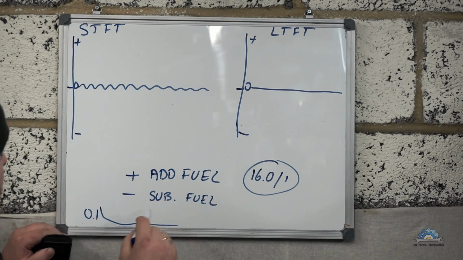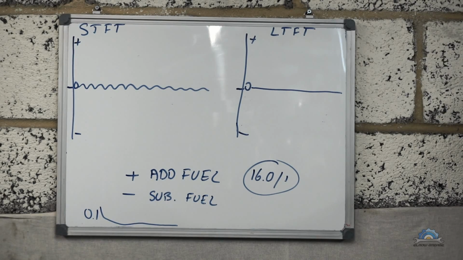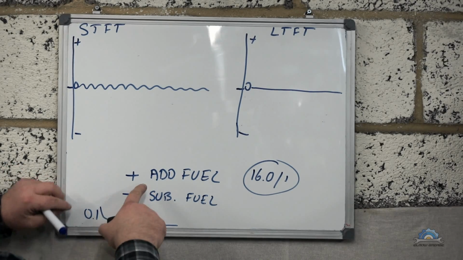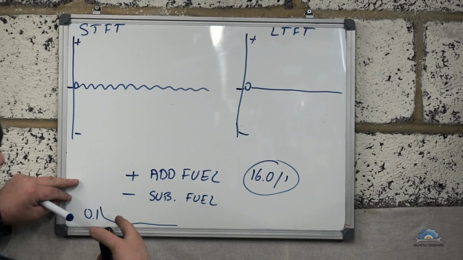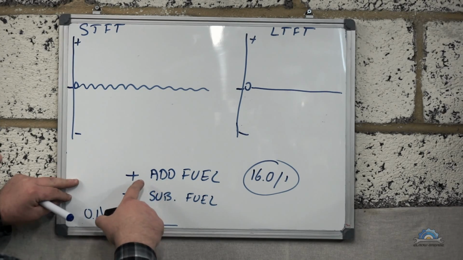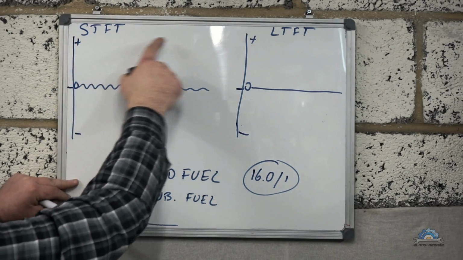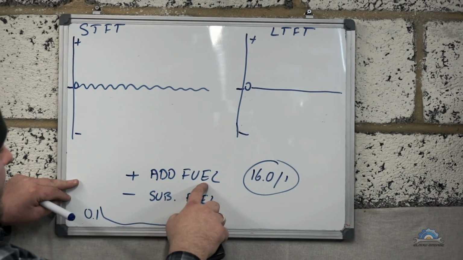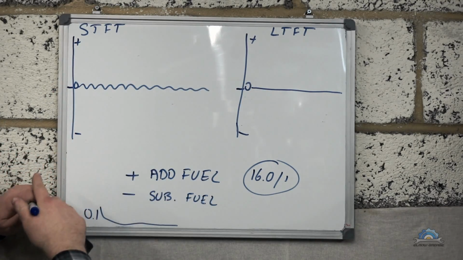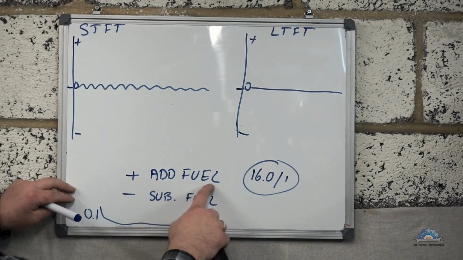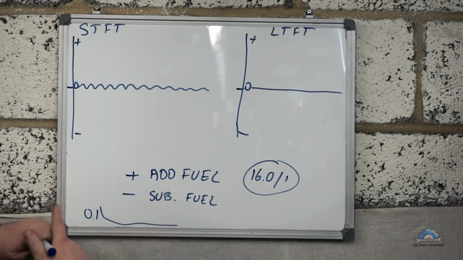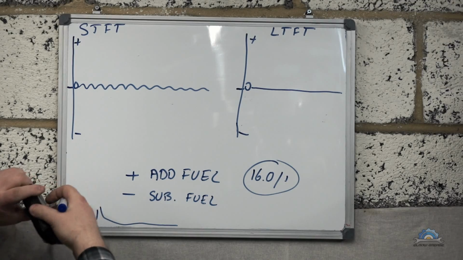It's gonna be very low. So what's happening here? If we have too much air instead of fuel, this plus means the same plus in here and same here. It means add fuel. It means I'm lean, please add fuel. That's the command going to the ECU.